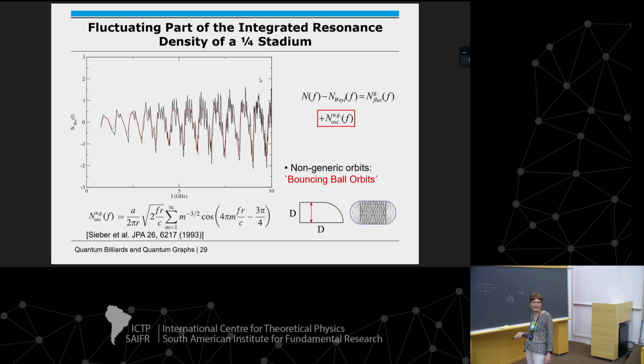But in that case, you would see not one GOE, but four GOE, because you have a superposition of four GOE. And the problem is that the more GOEs you overlap, the closer you will be to Poisson. So you won't see any GOE behavior anymore if you have too many symmetry classes on top of each other. Okay, thanks.